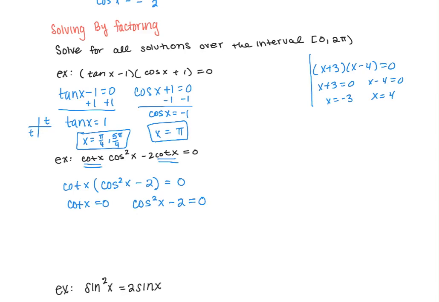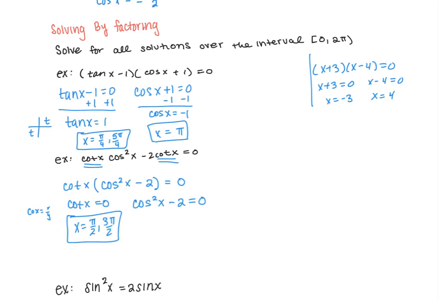And now I can set this one equal to 0. Cotangent x equals 0 whenever 0 is in the numerator. So remember, cotangent is x over y. So everywhere there's an x coordinate of 0, that's where cotangent is 0. So that's going to be at pi over 2 and 3 pi over 2.